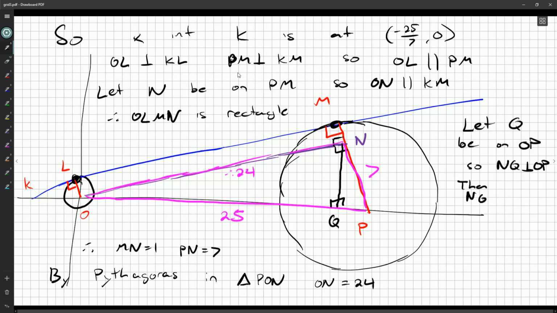Then NQO is similar to, because they've got the same angle and they've both got right angles, it's similar to PNO.